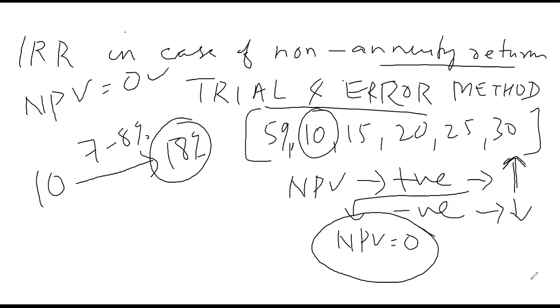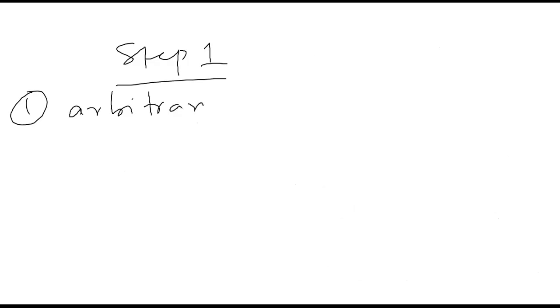Okay, now you can start writing step 1. Take any arbitrary percentage, or you can write take any arbitrary rate of discount. Arbitrary means of your choice.